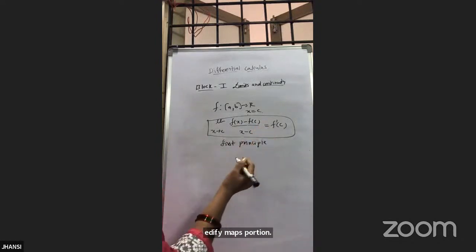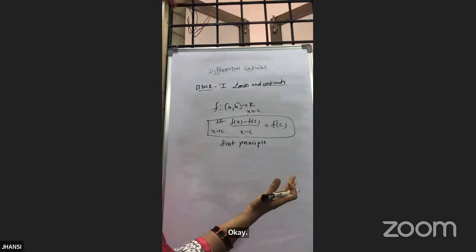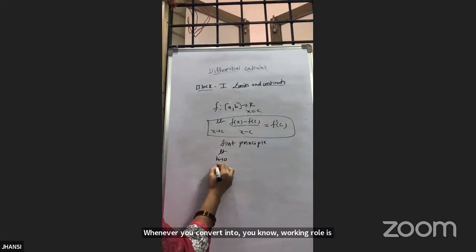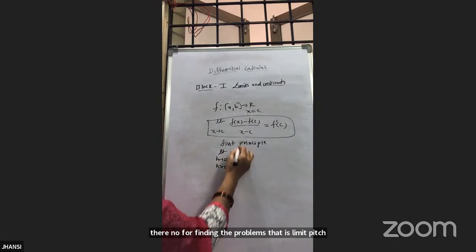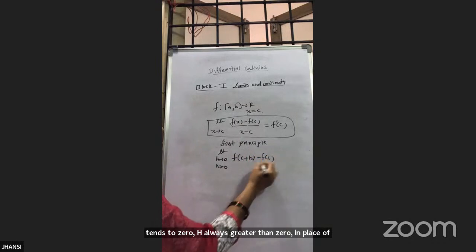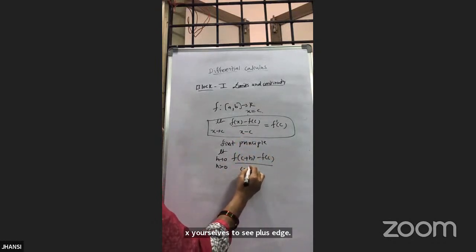And we can also write this as a working rule for solving problems: limit h tends to 0, h always greater than 0. In place of x you substitute c plus h, minus f of c, by c plus h minus c in the denominator. Both c's get cancelled.